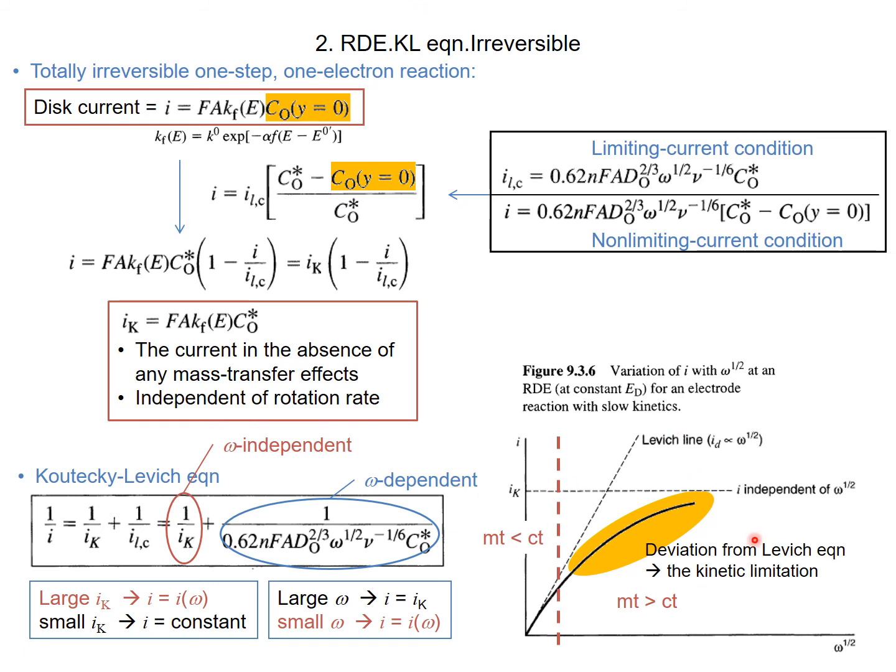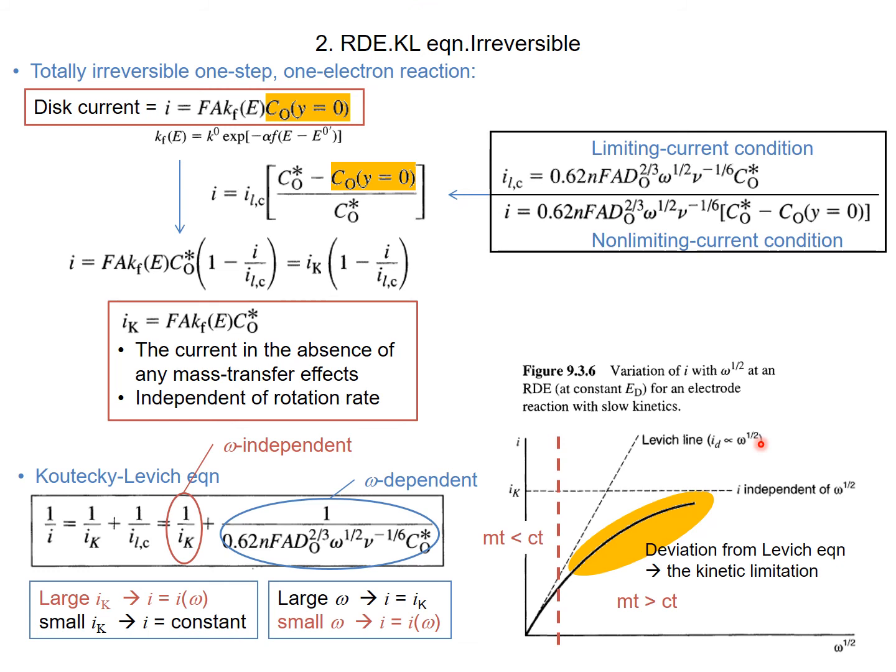Here's the graph where the y-axis is the overall current and the x-axis is the square root of omega, or rotational speed. This is the Levich line because the current is just proportional to the square root of omega. I have said about that in the previous slide.